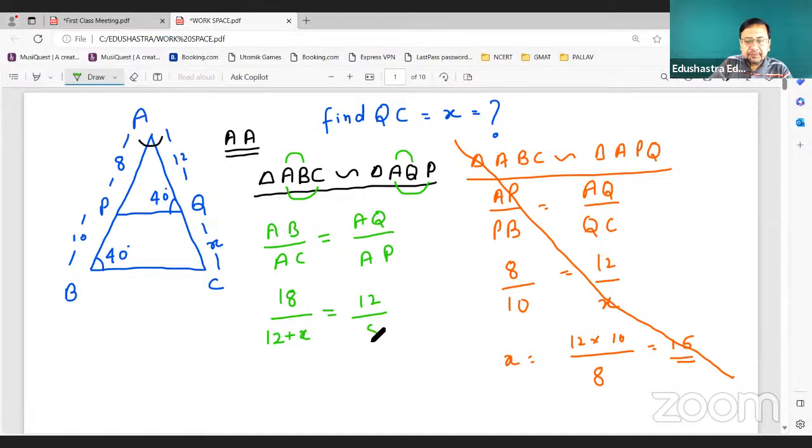Cross multiply, right? Simplify and quickly tell me the value of X. What is the value of X you are getting?